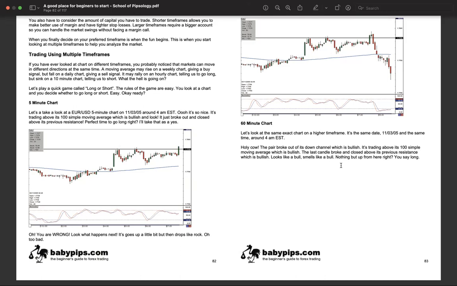And for you to be able to trade, you should be able to analyze at least a minimum of 3 time frames. Example, if you are somebody who trades the 30 minutes time frame, it means you have to analyze starting from H4, 1 hour, and 30 minutes.